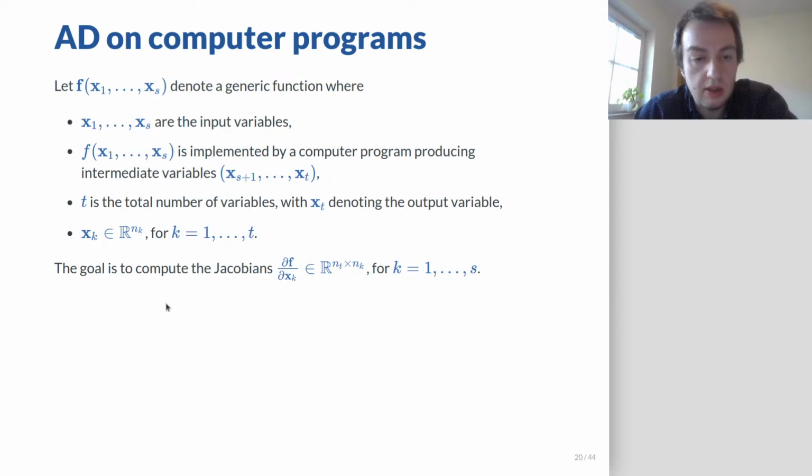And then our goal will be to compute the Jacobians of that function with respect to any variable xk. Well, no, sorry. Here I've just mentioned the input variables, so for k equal 1 to s, but of course to do that we'll need the intermediate Jacobians corresponding to the intermediate variables.